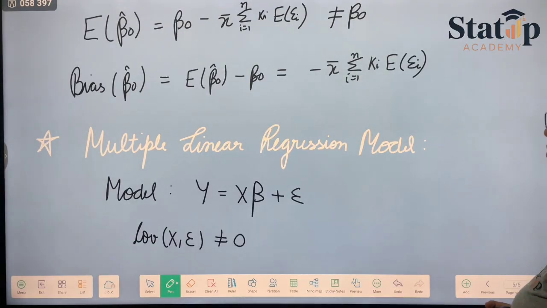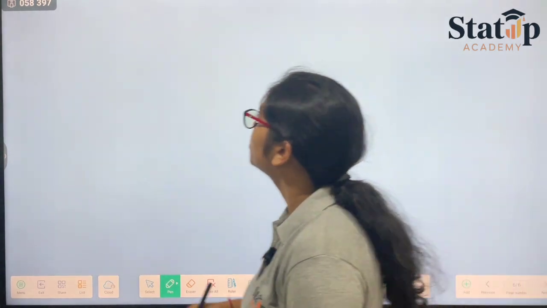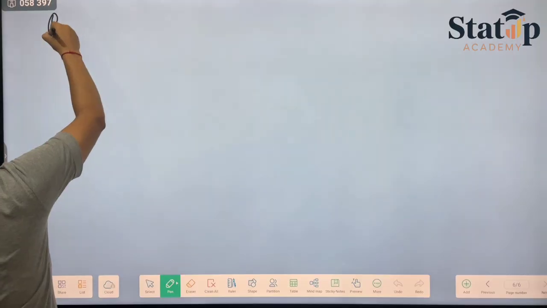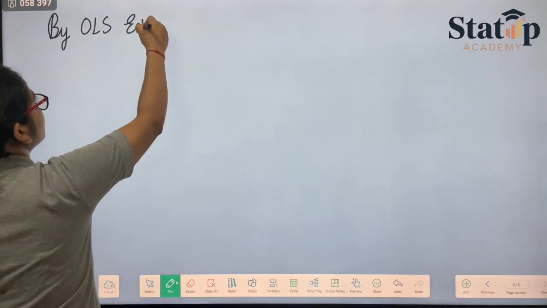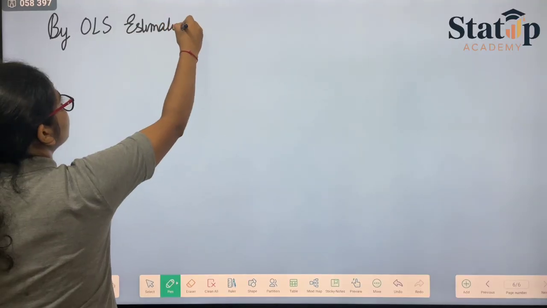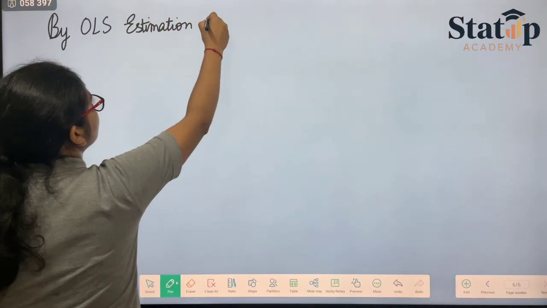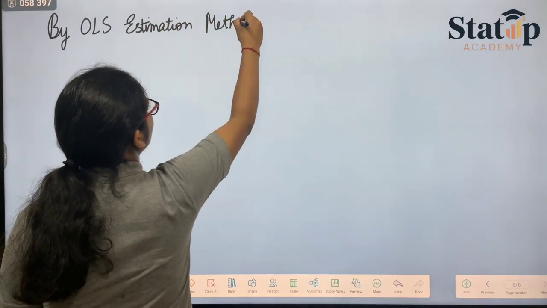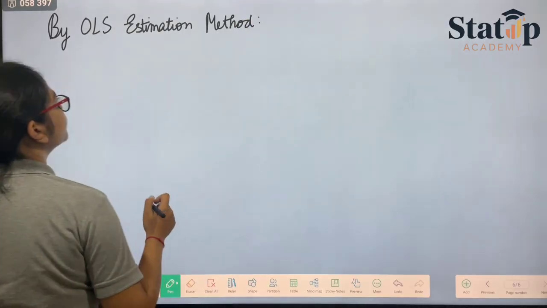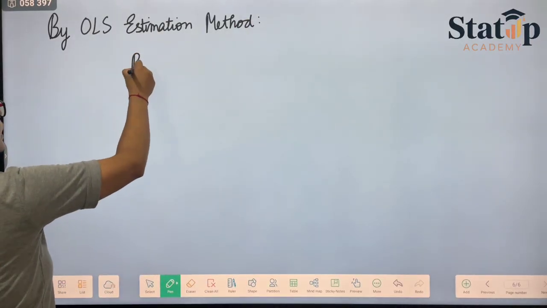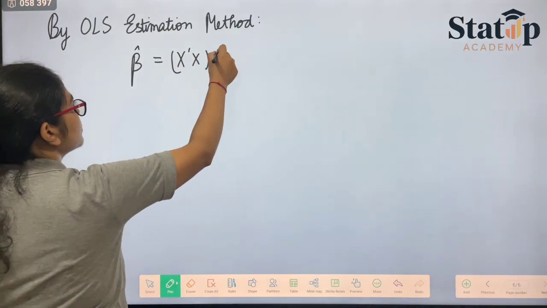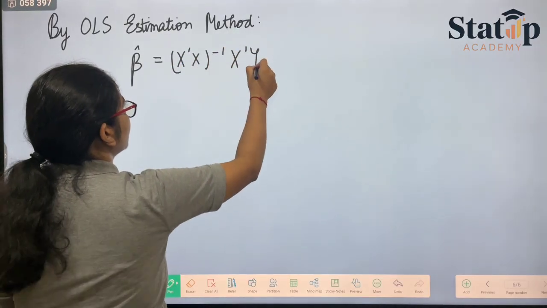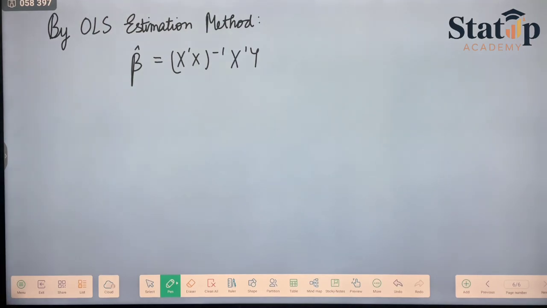So now this is our model and all the information we have about a model. Now by OLS estimation method, we will get beta cap as x dash x inverse x dash y. This will be the estimator of beta cap.